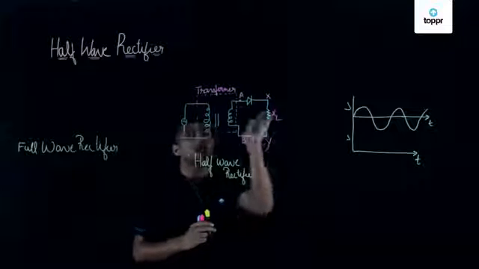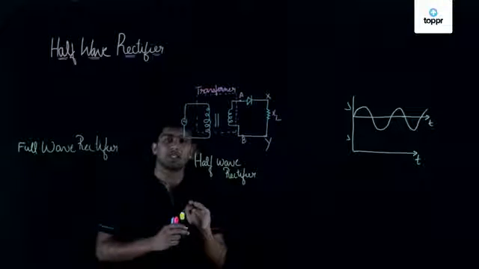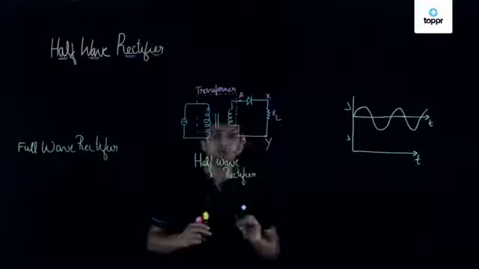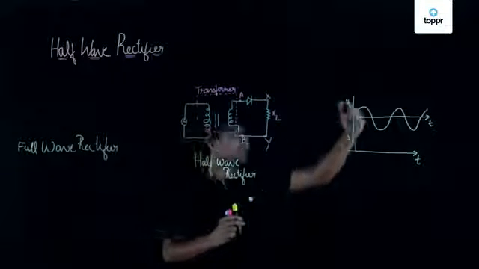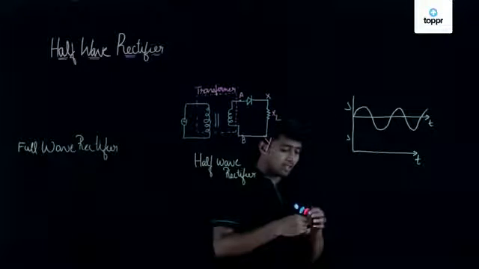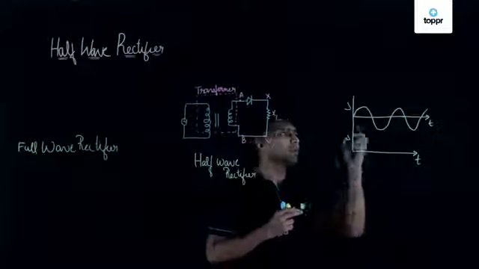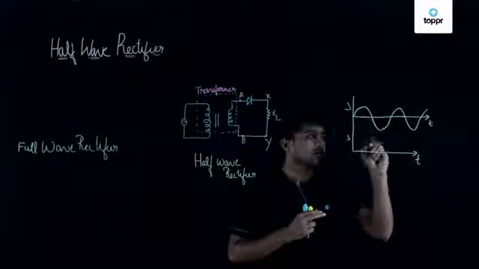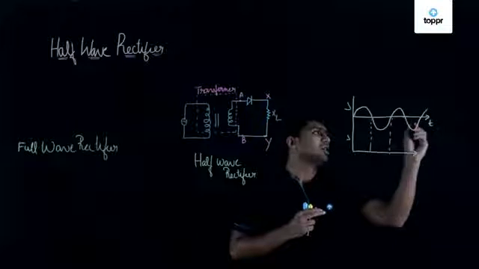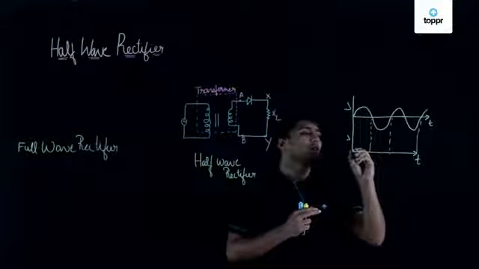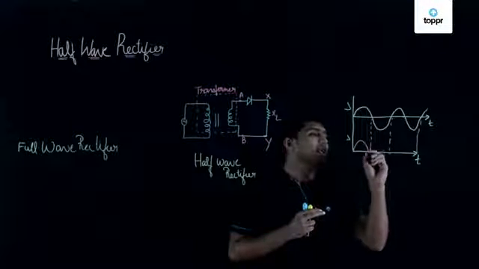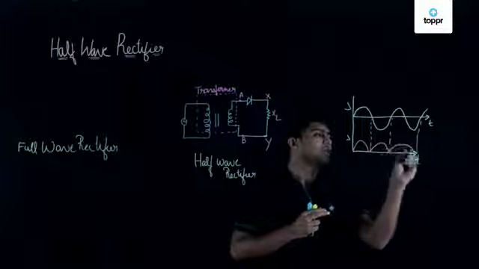So the diode will show the characteristics of a reverse biased PN junction diode, so there won't be any conduction. If this is the input, then the output will be only a half wave, which means we won't get a full output. We will get only half the output, right?